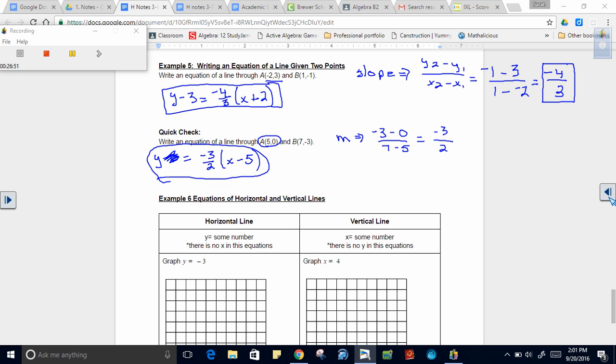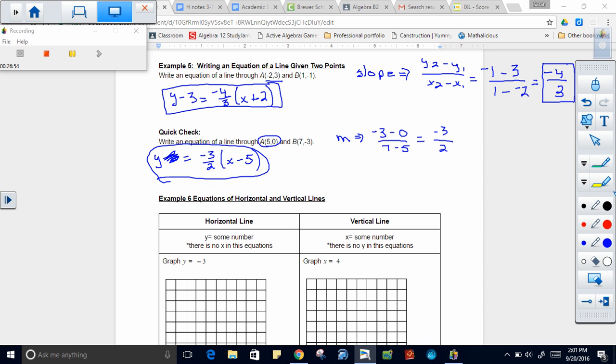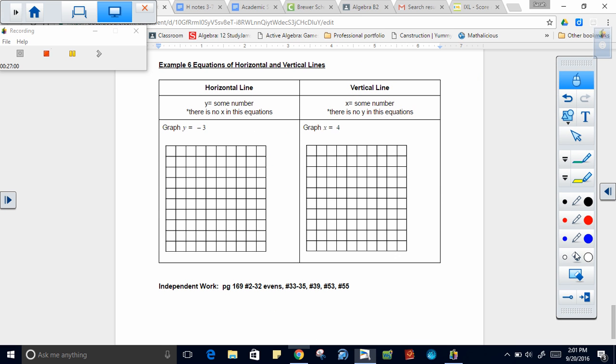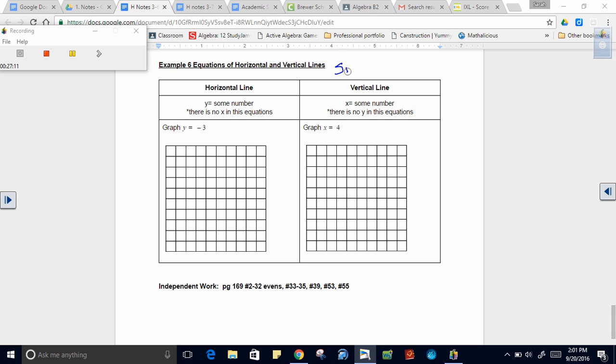Okay, I'm going to talk a little bit about horizontal and vertical lines. This is the last part you have to worry about. Okay, so if you have y equals some number, like y equals negative 3, there's no x. There's only a single variable. That's important. When you have a single variable, your brain needs to go here. It's going to be a straight horizontal or a straight vertical line. If you have y equals, it will be a horizontal line, which is weird because your y-axis is a vertical line.